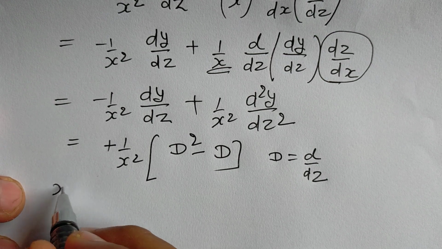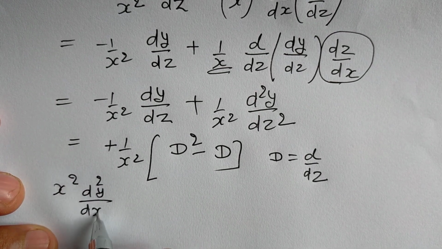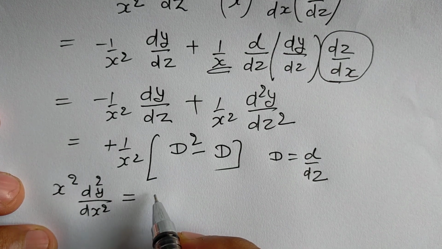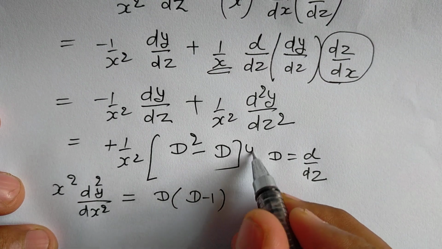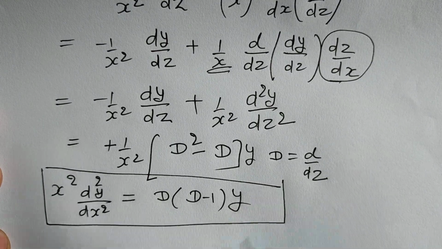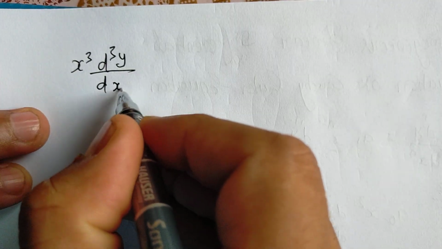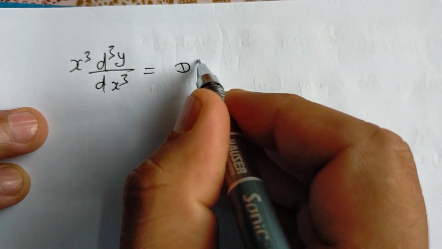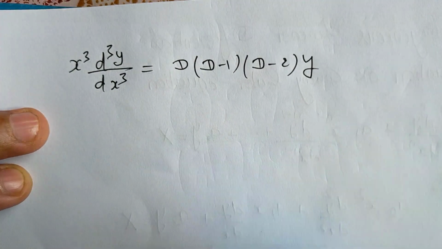So finally we end up with x square d2y by dx square equal to D, D minus 1 y. Similarly, we can find out x cube d3y by dx cube equal to D, D minus 1, D minus 2 y.